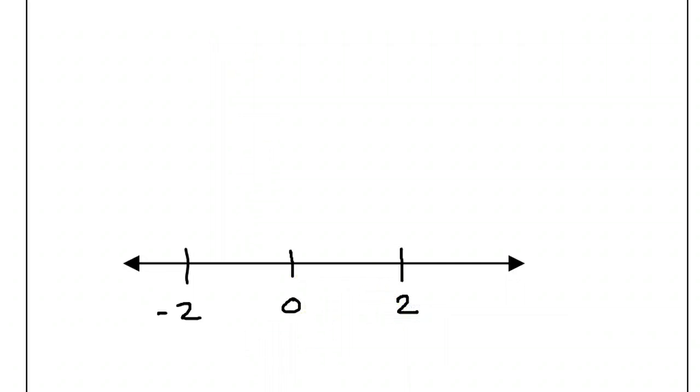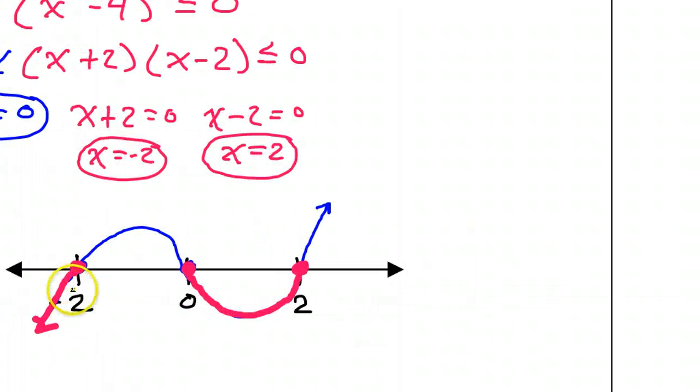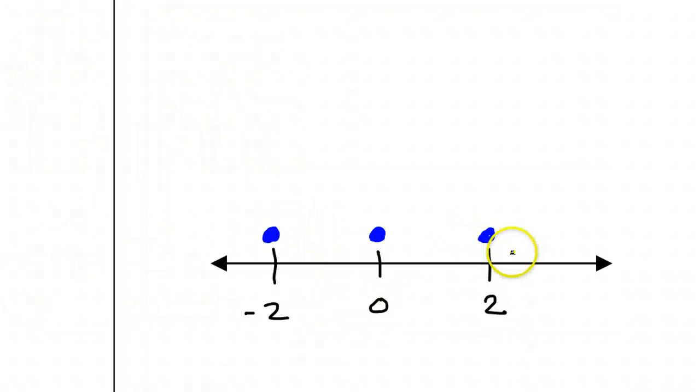When I do this graph, I like to put the points above the number line. So these will be closed circles, because we want to include where it's equal to 0, and these are the equal to 0 points.